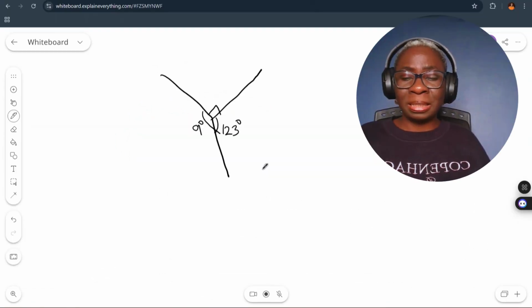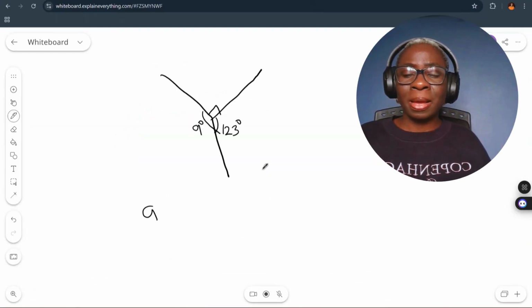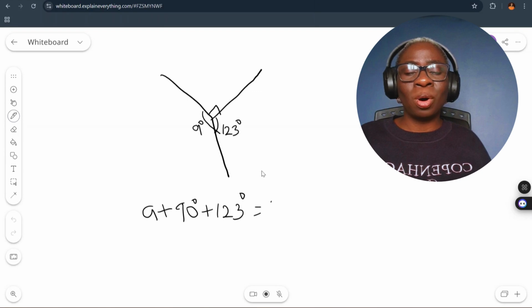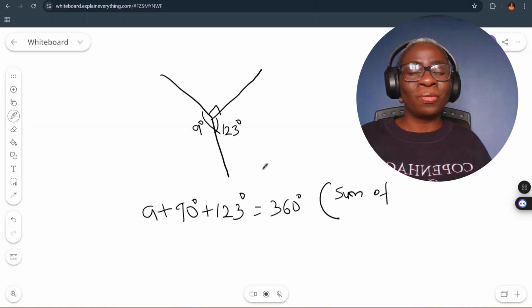We'll start by saying A plus 90 degrees plus 123 degrees equals 360 degrees. Then you put your reason in the bracket: sum of angles around a point.